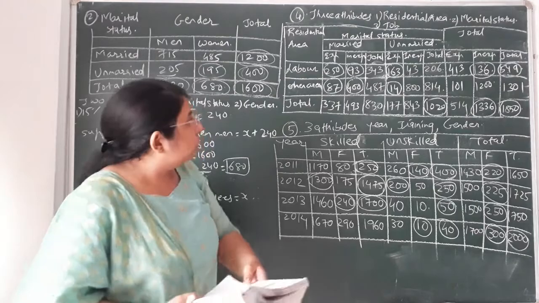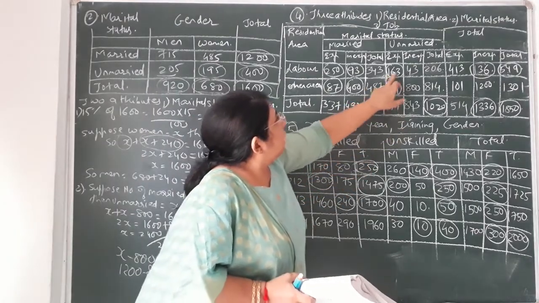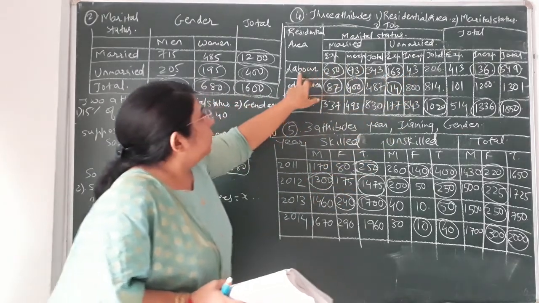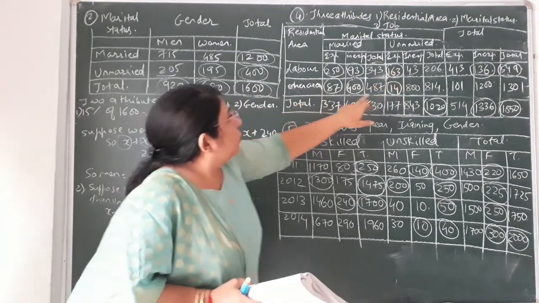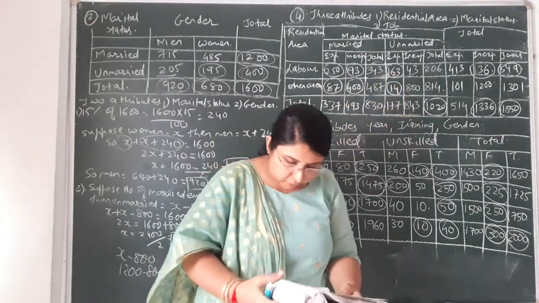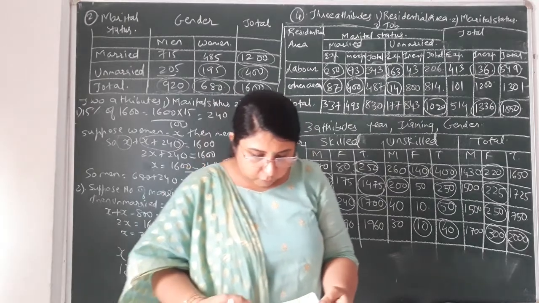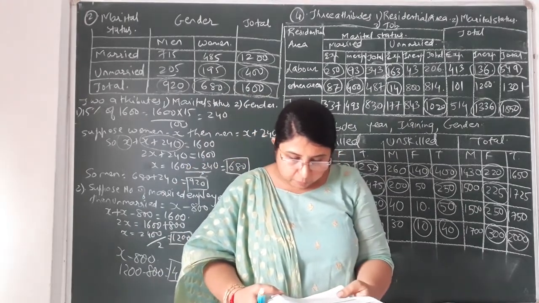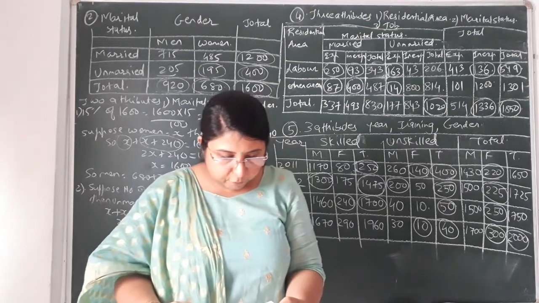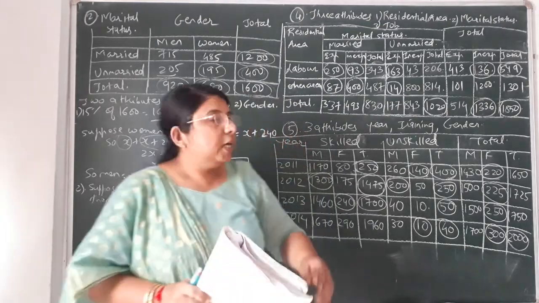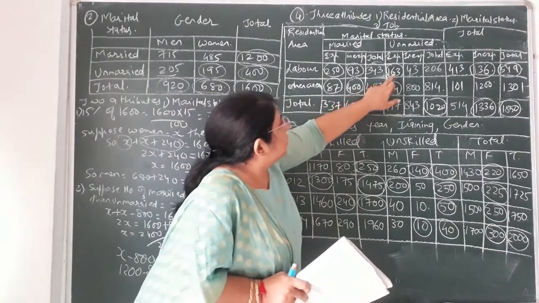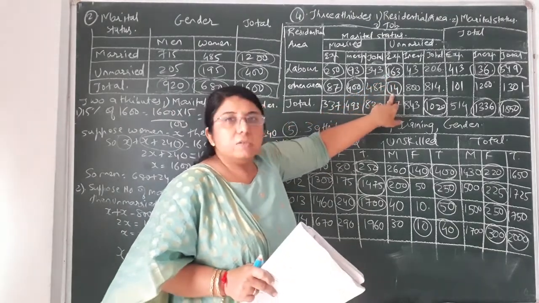It means out of the unmarried, experienced from labor area is 163 and from other area is 14.